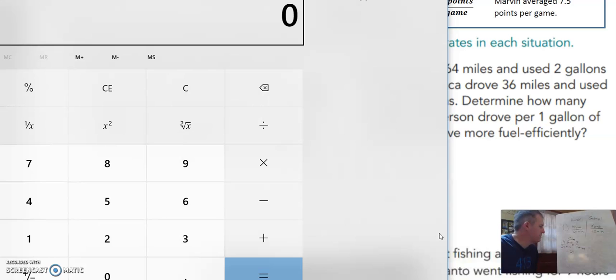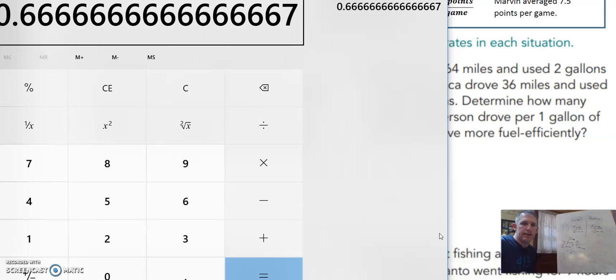Okay, I wanted to divide 14 by 21, and I get 0.67 if I round. And that's going to be 0.67 problems in 1 minute. Okay?